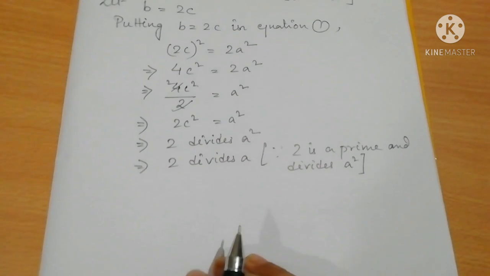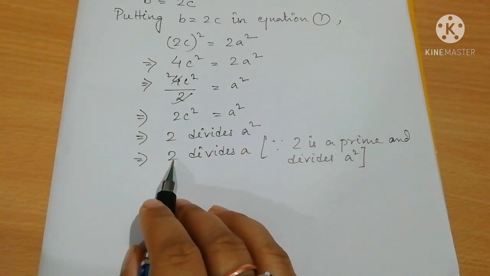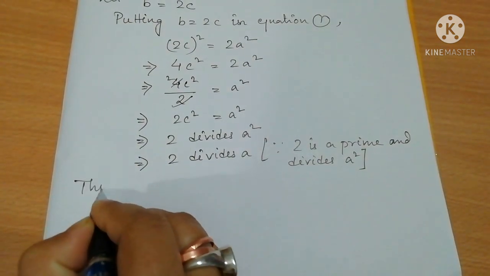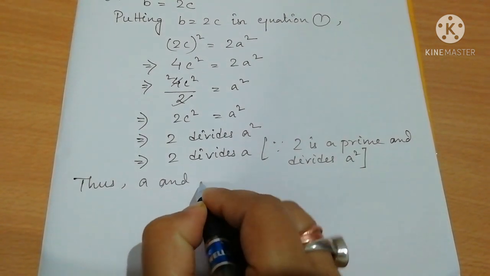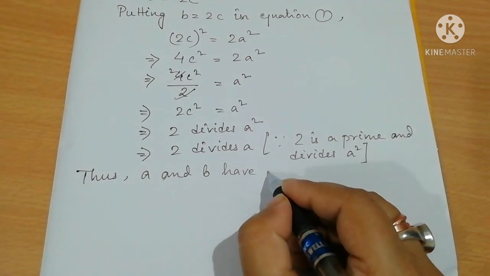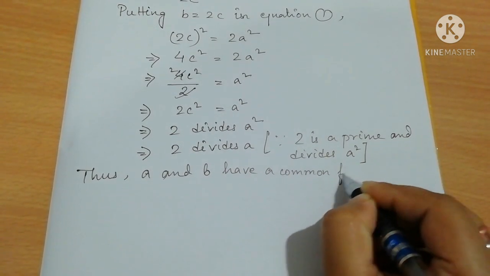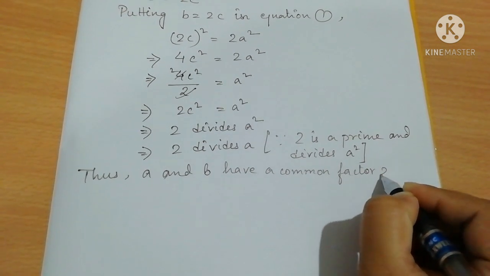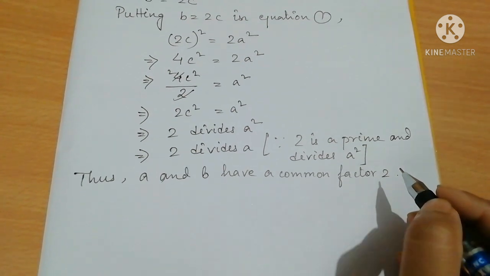So which means we got both a and b having a common factor of 2. So thus a and b have a common factor of 2. Both a and b have a common factor 2.